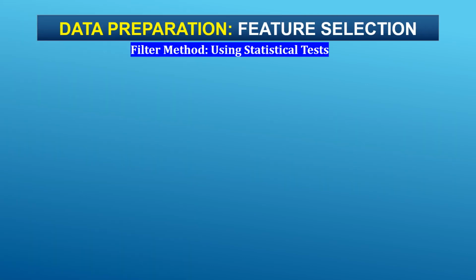The goal of feature selection is to identify the most relevant features that contribute to the predictive model's accuracy. This can help improve model performance, reduce overfitting, and decrease training time. Filter methods use statistical test techniques to evaluate the importance of each feature independently of the model.